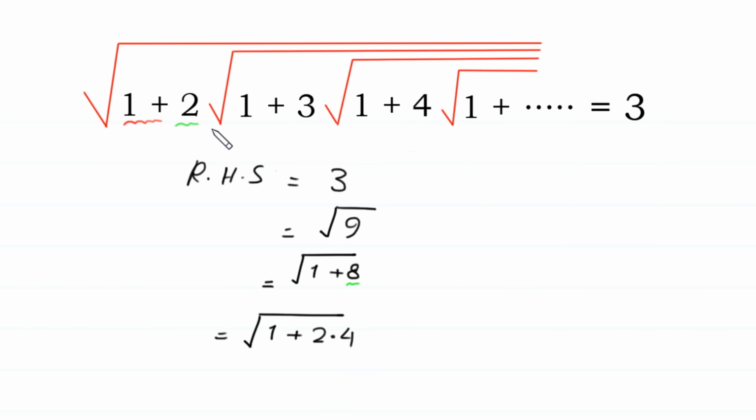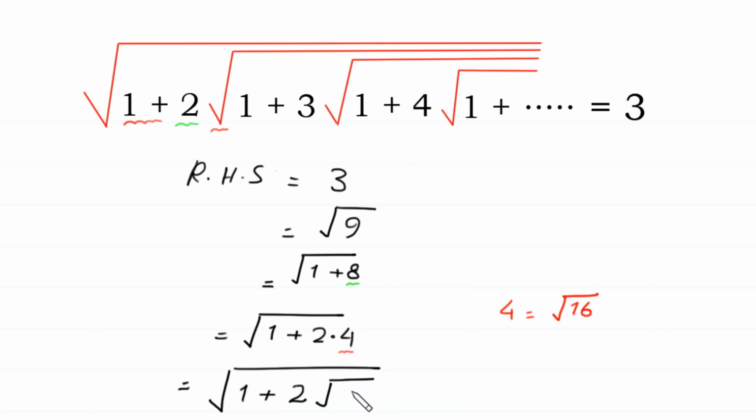And because next we have another square root, we change this 4 into square root of 16, which is equal to square root of 1 plus 2 times square root of 16.